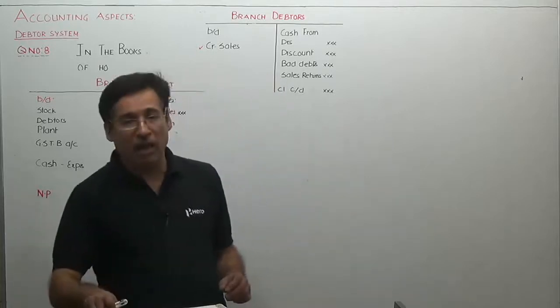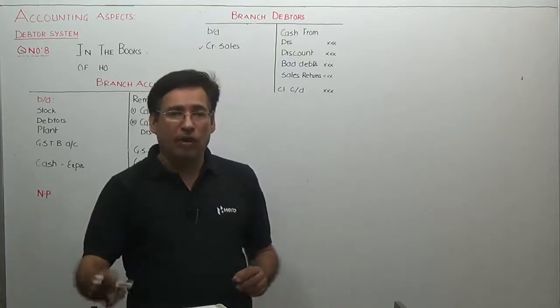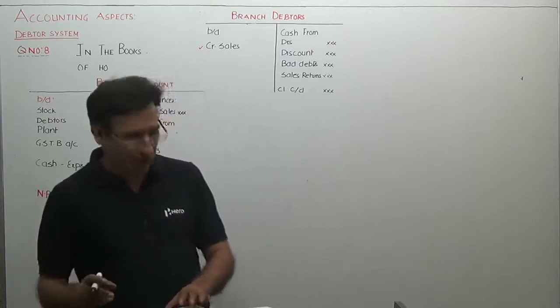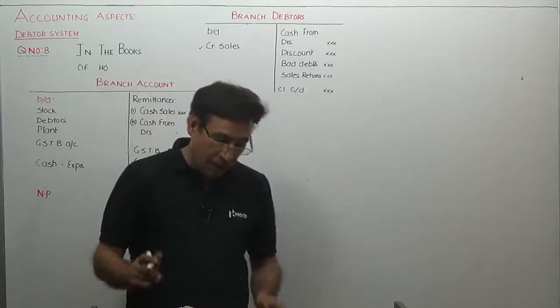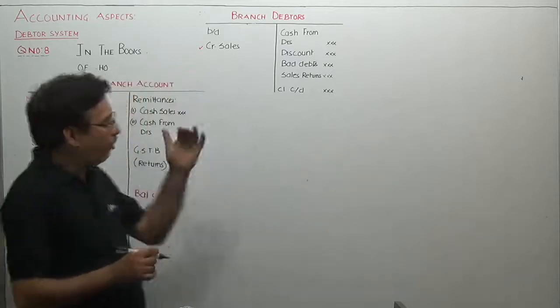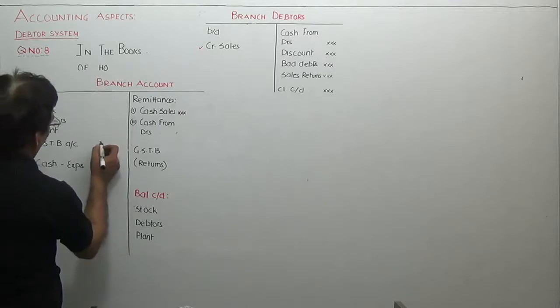Sometimes the question is quite silent with respect to the method. If the question is silent, then it is better to adopt the debtors system. Written down here, goods sent to branch at cost. So head office sent goods costing rupees 50,000 to the branch.